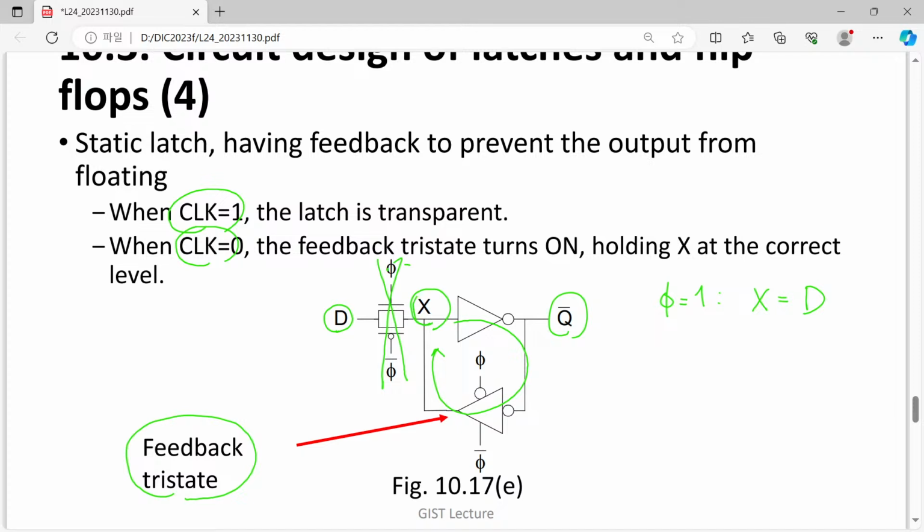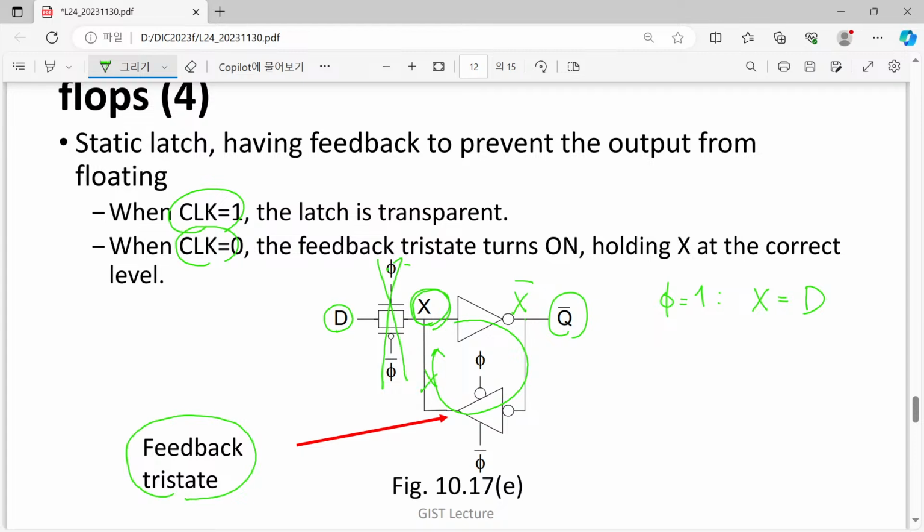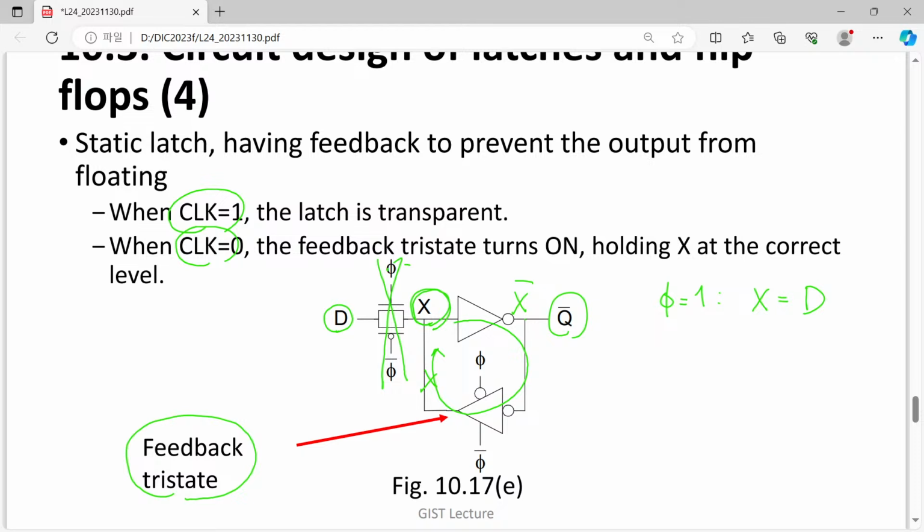So now X becomes X bar and X bar becomes X. So now using these two serially connected inverters circulating, we can keep this X value in a stable way. Okay, good. So the feedback tri-state turns on and holds our state variable X at the correct level.